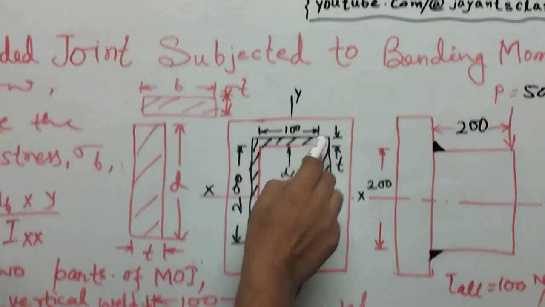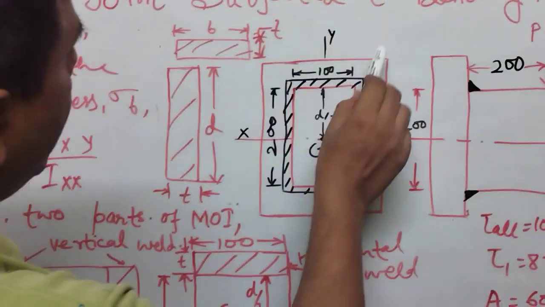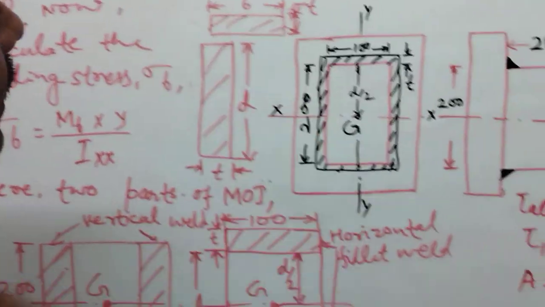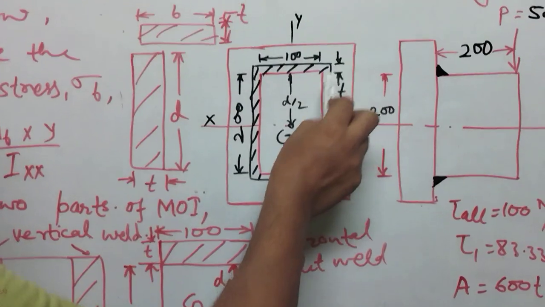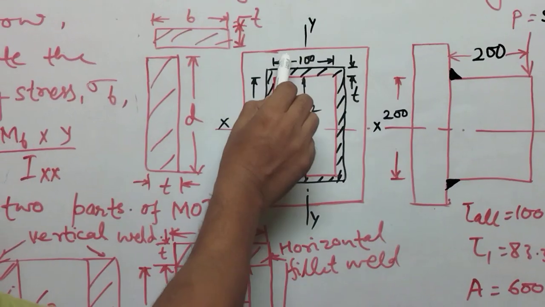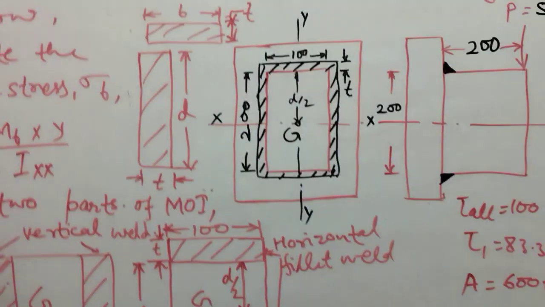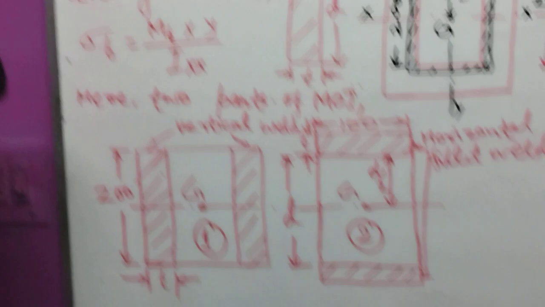Since the thickness T is very small, Ig is neglected and only the second portion is taken.